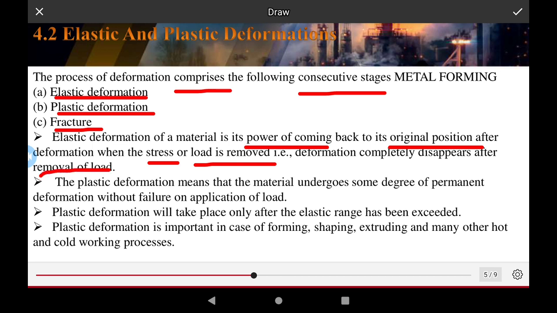Plastic deformation means that the material undergoes some degree of permanent deformation without failure on application of load. Plastic deformation will take place only after the elastic range has been exceeded.